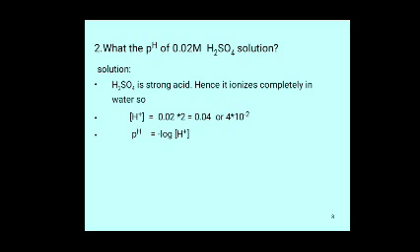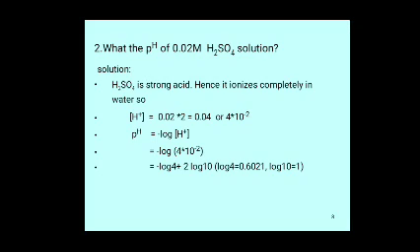Now the formula: pH is equal to minus log of the H plus ion concentration, that is equal to minus log 4 into 10 to the power of minus 2. Using log m into n, minus of log 4 plus log 10 to the power of minus 2, which is minus log 4 plus 2 into log 10.